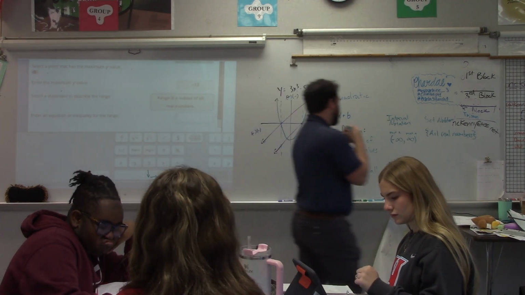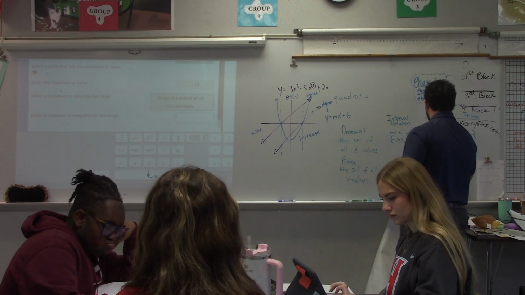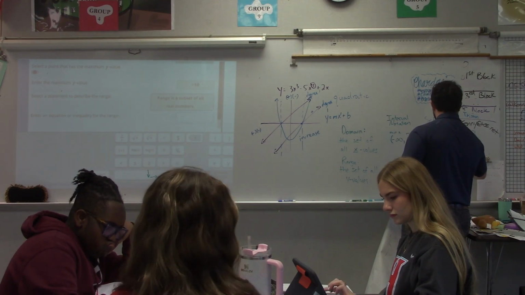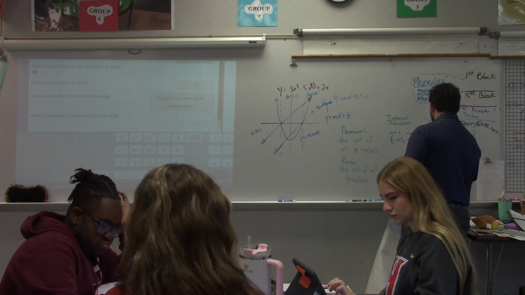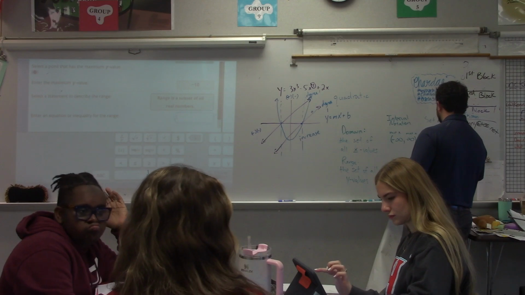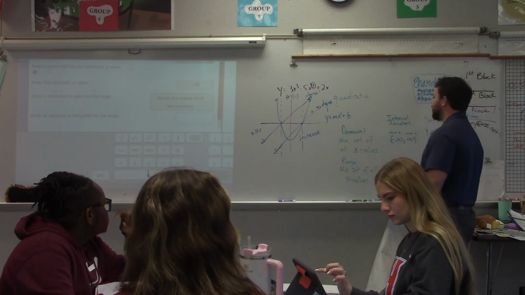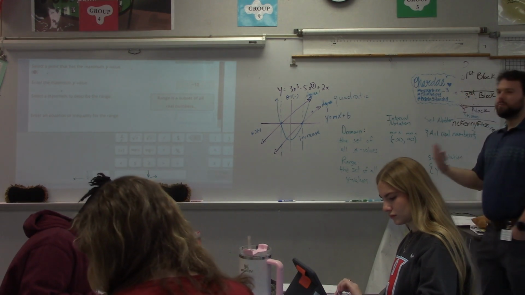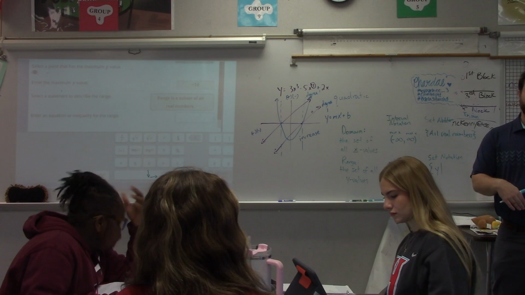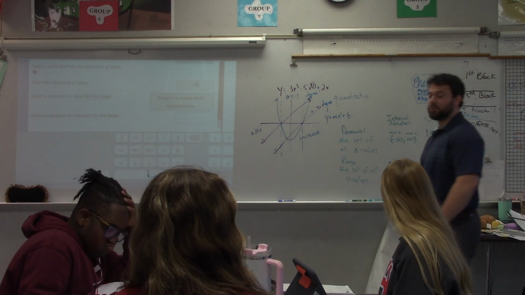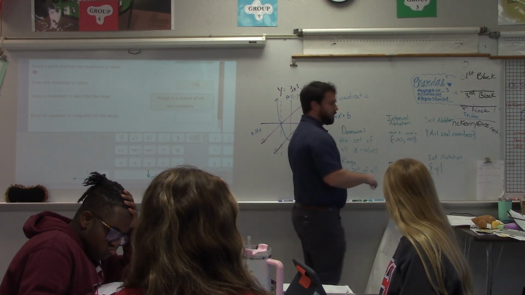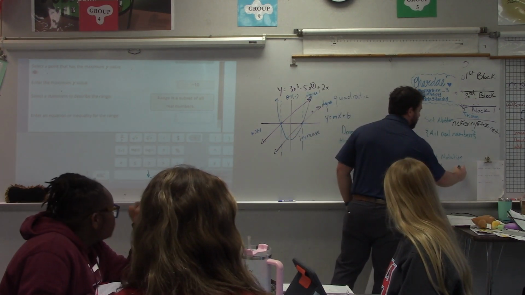So, set notation wise, it's the set of y such that, that's how we read it. They don't have you do the full set notation, so don't sweat that a ton, we just need the inequality. But what would be my inequality for y? Because this is where students usually have the most trouble. We have a negative 10, but is it just negative 10?